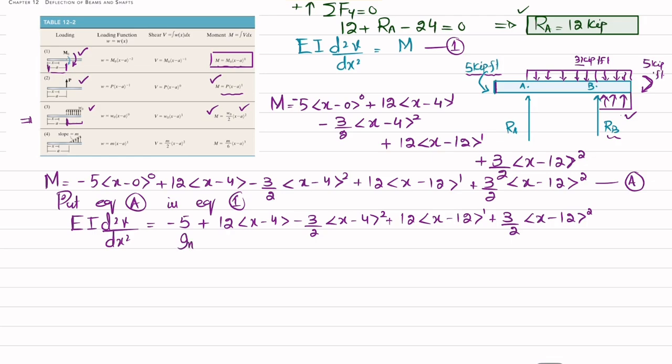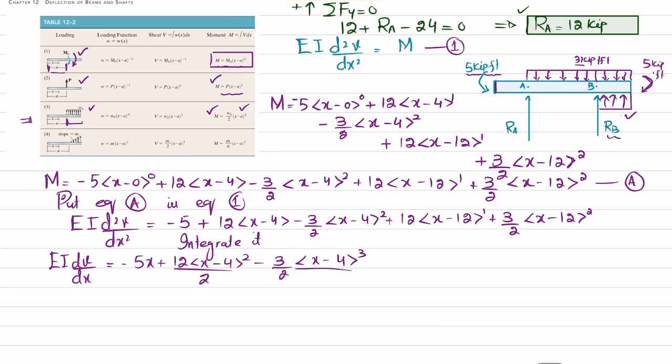Now integrate it once. We will get EI into dv over dx equal to minus 5x plus 12 into x minus 4 whole square divided by 2 minus 3 over 2 into x minus 4 power cube divided by 3 plus 12 into x minus 12 power 2 divided by 2 plus 3 over 2 into x minus 12 power 3 divided by 3.